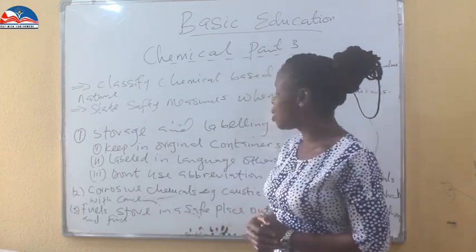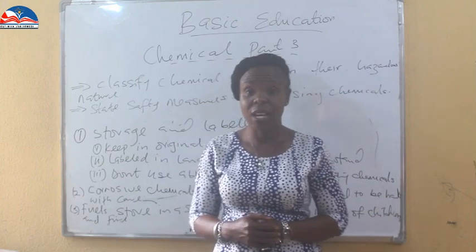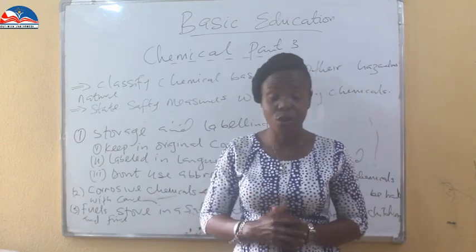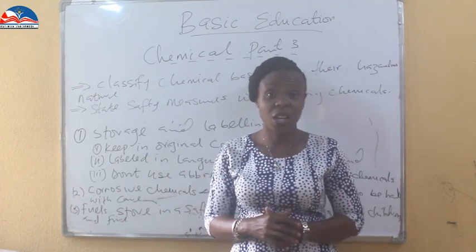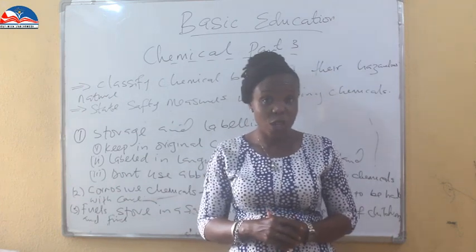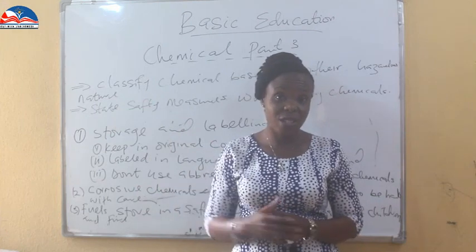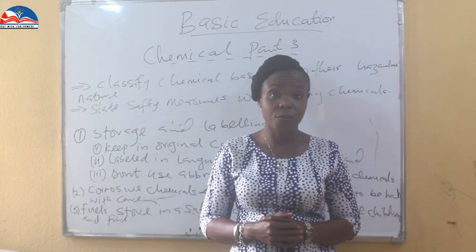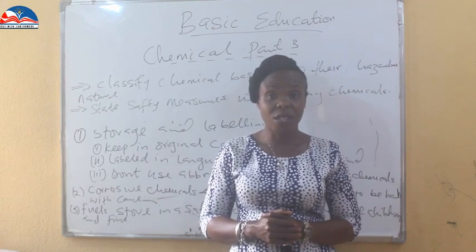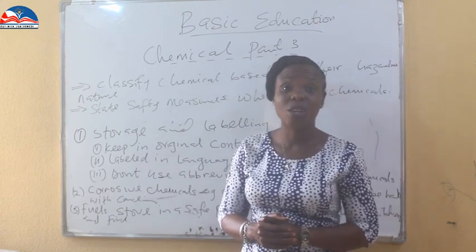Another one is don't use abbreviations when putting labels on your chemicals. You don't want to use H2O. You want to use chemical names to label them. Don't use names that people who are not in the sciences will not understand.